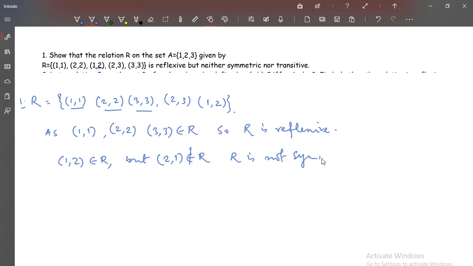Yes, you are correct. Not symmetric. Now (1,2) belongs to R, (2,3) belongs to R, both, but (1,3) doesn't belong to R. So it is not transitive.